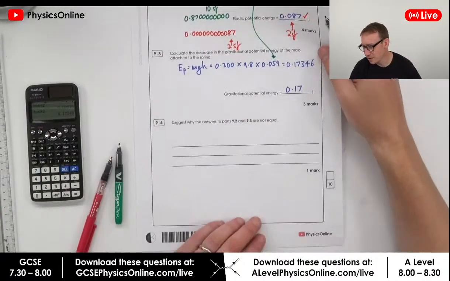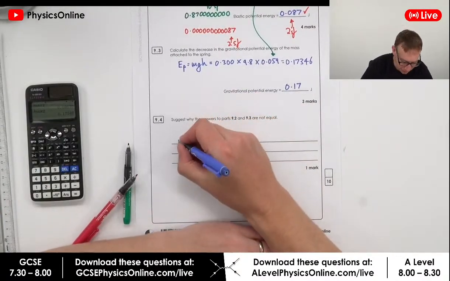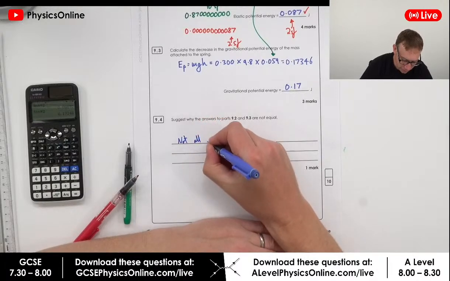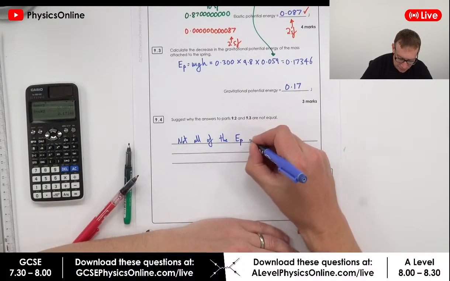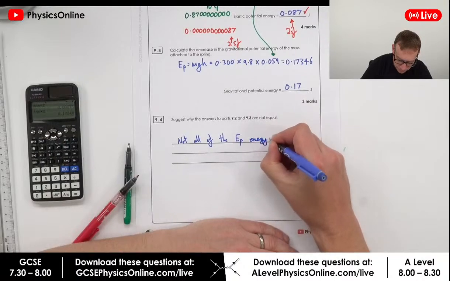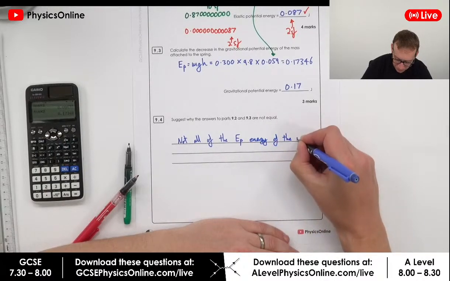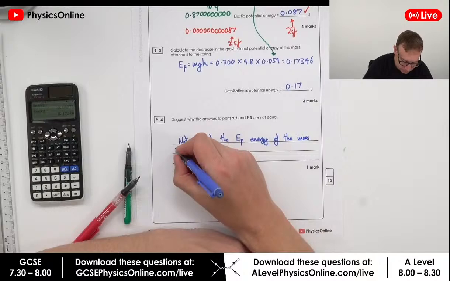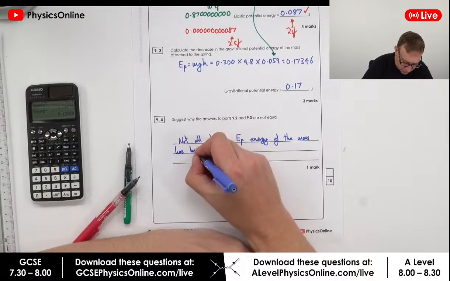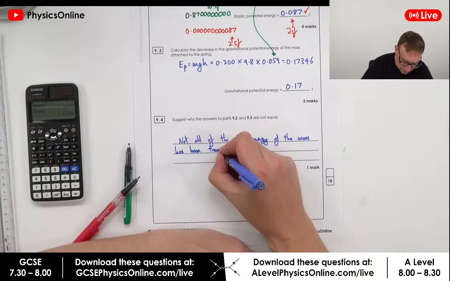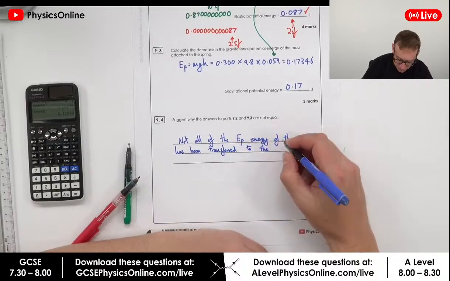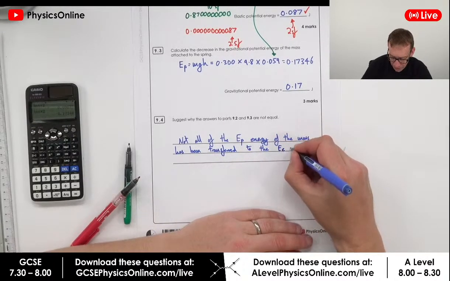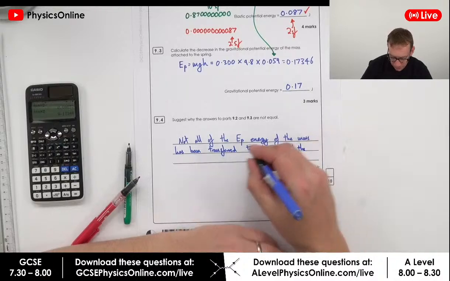So basically the reason is that not all of the gravitational potential energy of the mass has been transferred to the elastic potential energy of the spring.